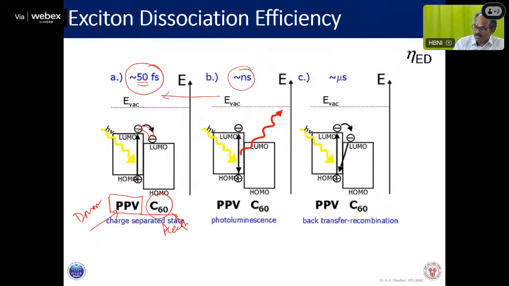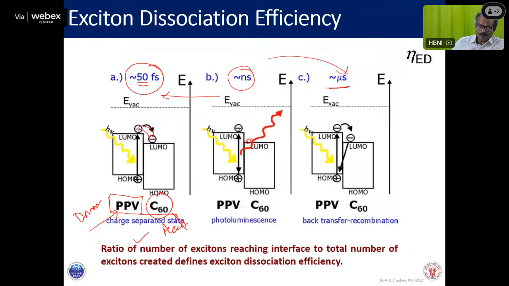And for back recombination, once the exciton is separated into an electron and hole pair, the probability of recombining back is even less. It is even 1000 times less probable than the radiative recombination.